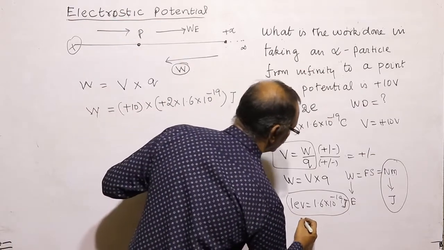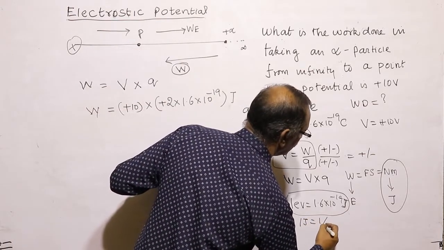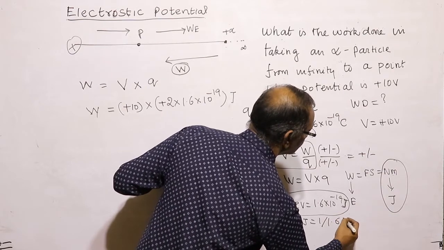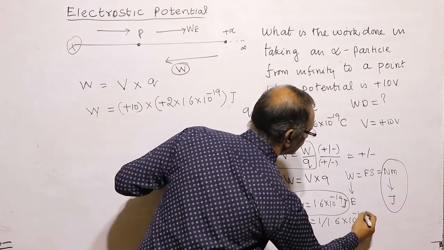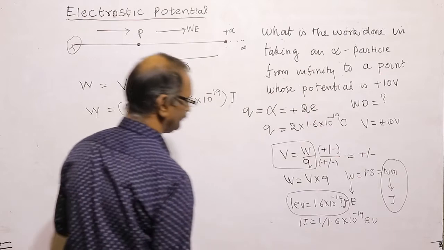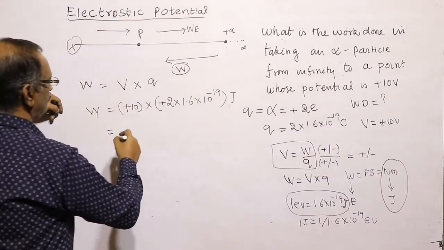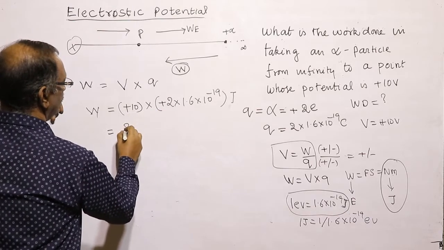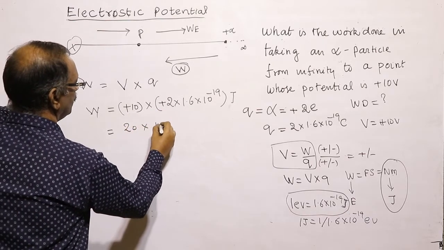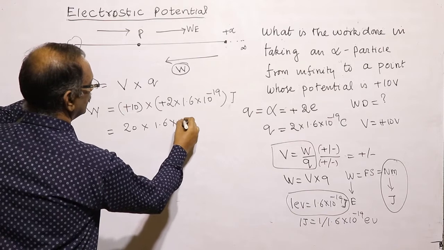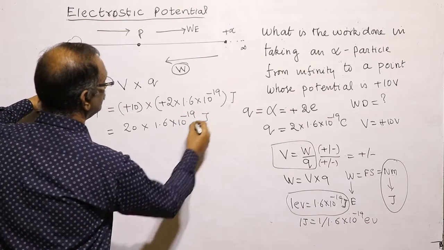So 1 joule is equal to 1 divided by 1.6 into 10 to the power minus 19 electron volt. Okay, so the work done is 10 into 2, 20 into 1.6 into 10 to the power minus 19 joule.